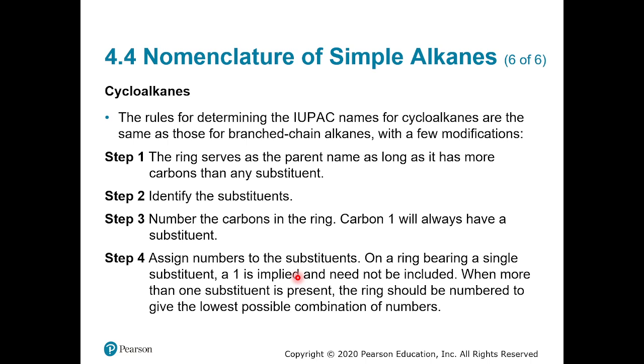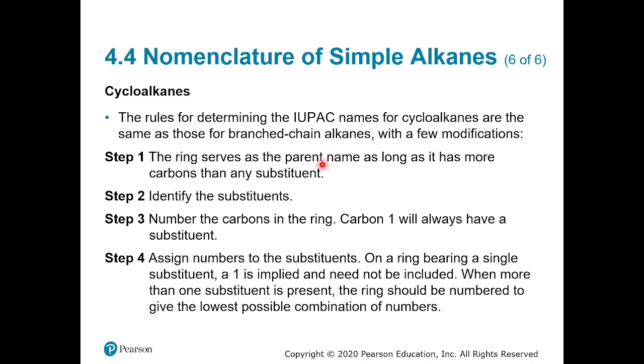So let's go ahead and talk about cycloalkanes. The rules for determining IUPAC names for the cycloalkanes are going to be the same as those for the branched chain alkanes. There's going to be a very small amount of modification. Your ring is going to serve as the parent name as long as it has more carbons than any other substituent. Now keep in mind that this can have substituents off of it.